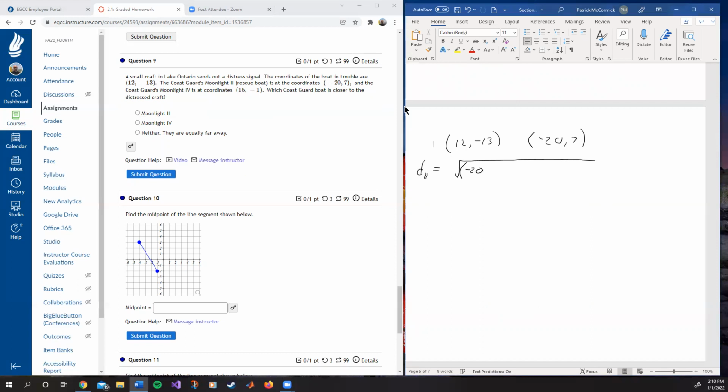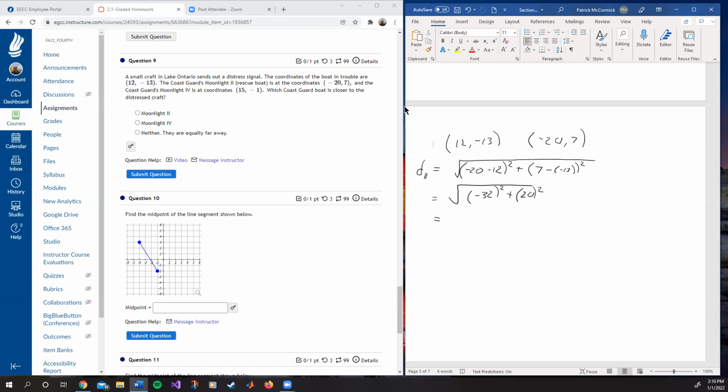So negative 20 minus 12 squared plus 7 minus a minus 13 squared. Be careful on that minus, the double negative there. So I get the square root of negative 32 squared plus 7 plus 13, which is 20 squared.